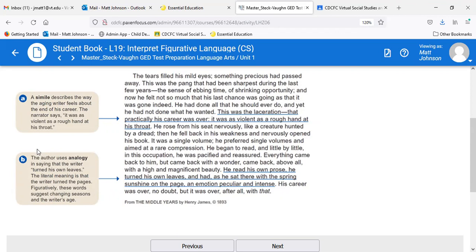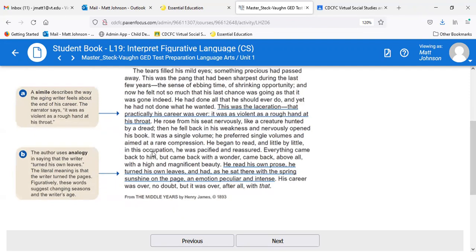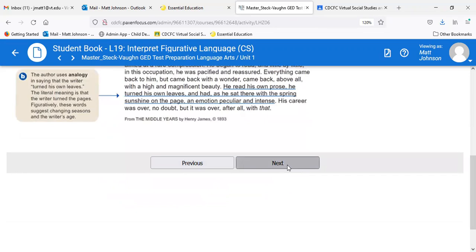The literal meaning is that the writer turned the pages, but figuratively, these words suggest changing seasons and the writer's age. So turning the leaves are like turning the seasons. So that's the type of analogy. Other analogies, like I said, I use analogies a lot, just as examples, comparing a situation to another situation, is another type of analogy.